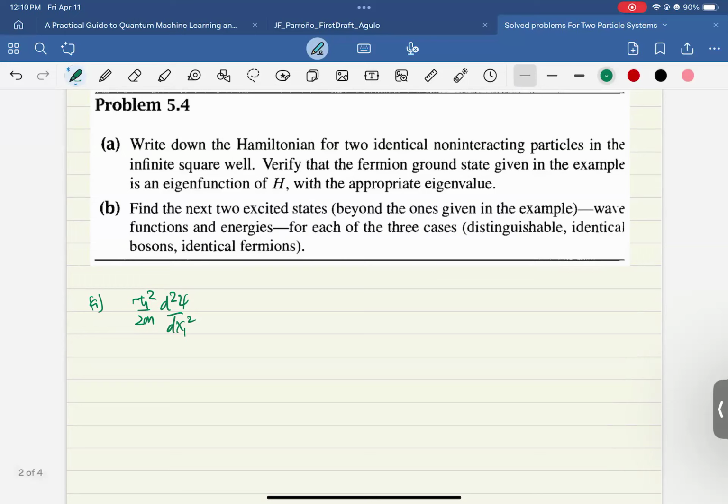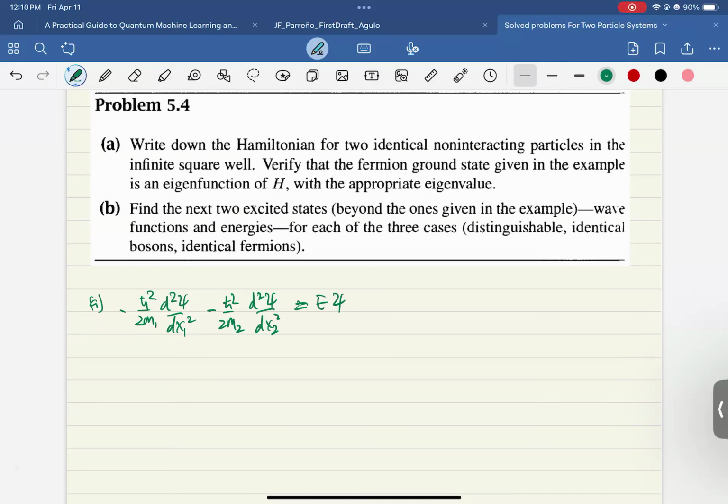So this is for the first particle. So dapat m1 yan. And yung second term is negative h bar squared over 2 m2 d squared psi dx2 squared, equal sa E psi.